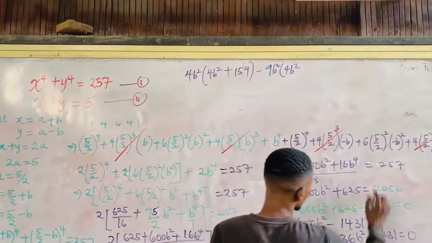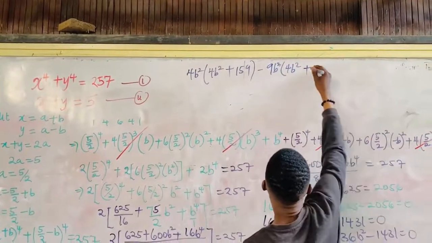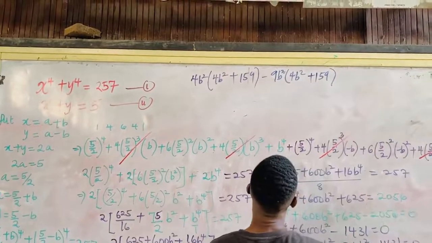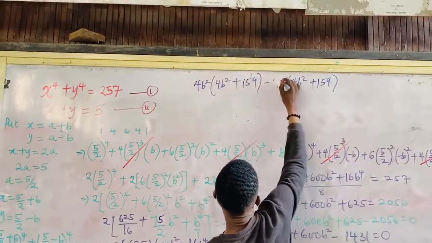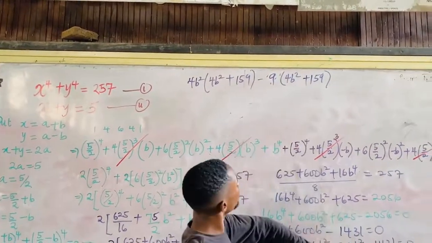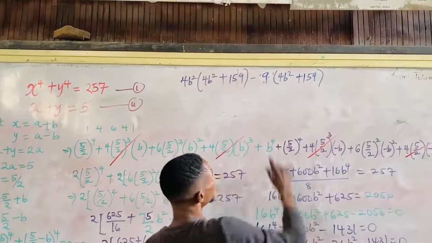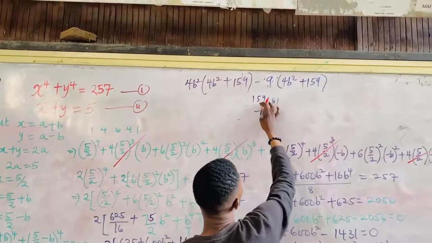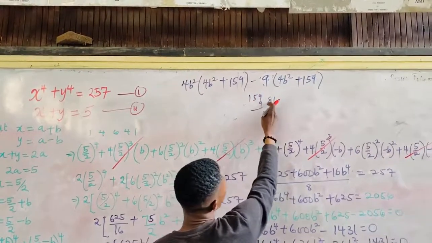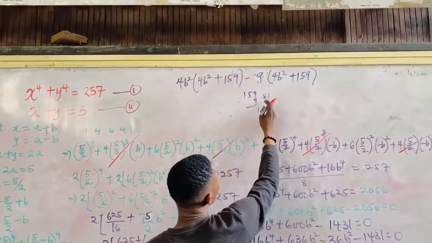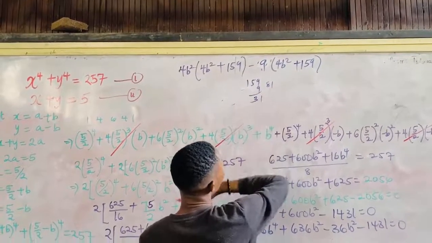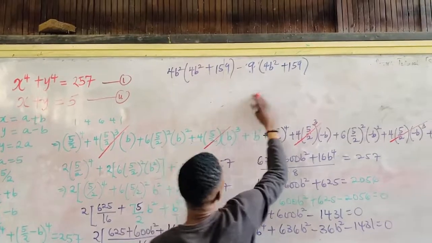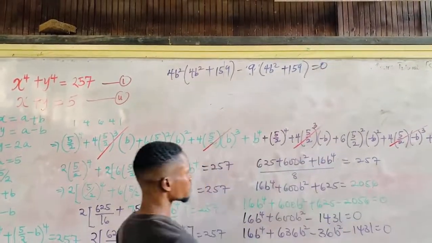And what about 9 multiplied by 159? So that will be 9 into bracket 4b squared plus 159. 159 multiplied by 9 is 1431, which is equal to 0.